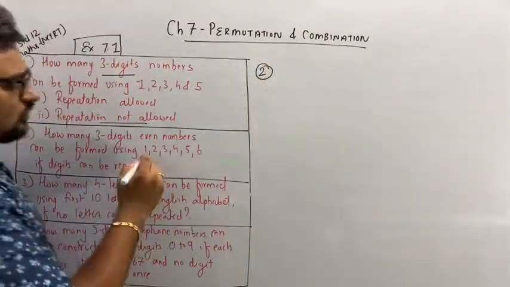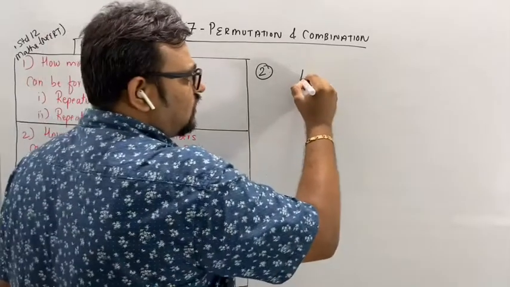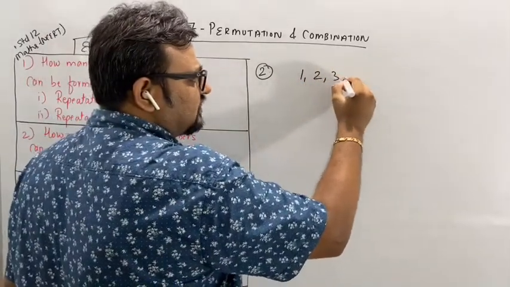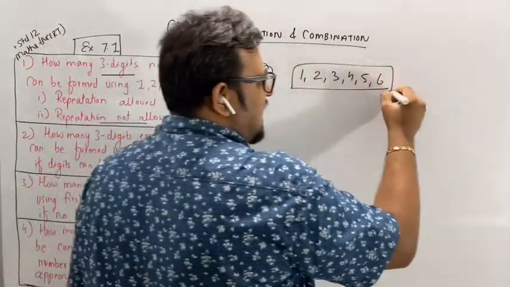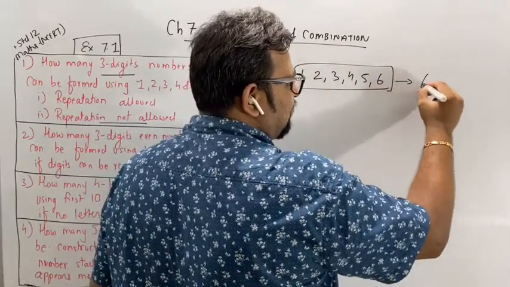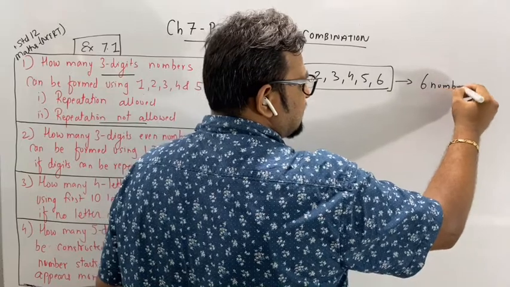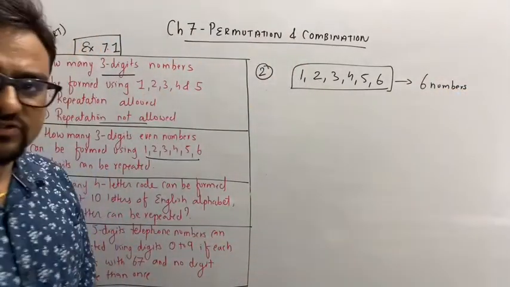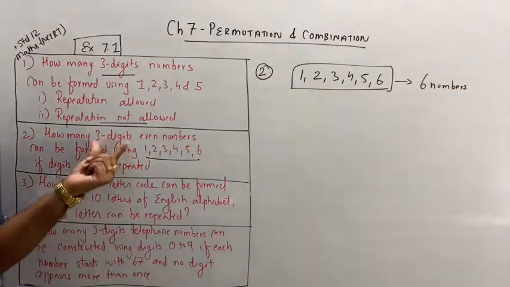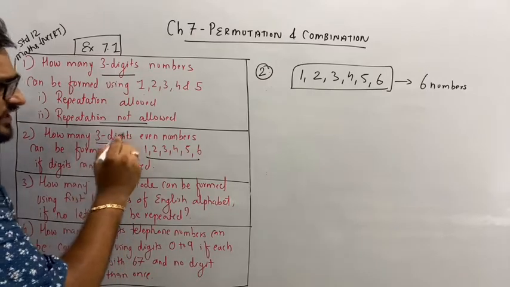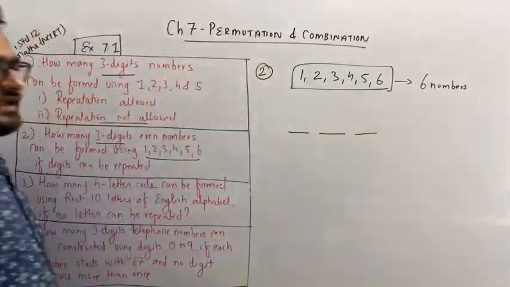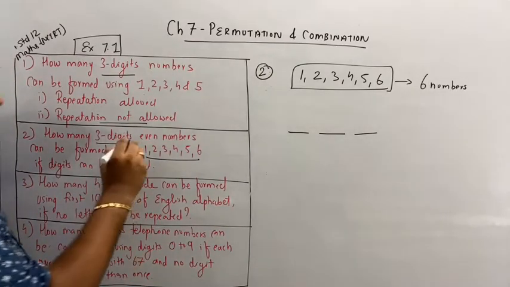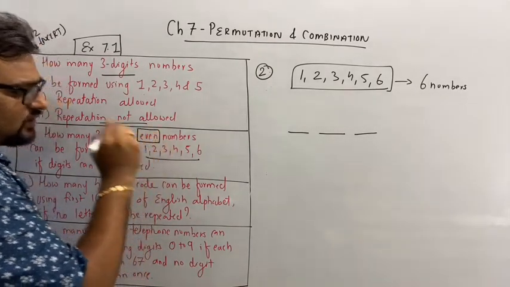So first, what options do I have? 1, 2, 3, 4, 5, and 6. I have a total of 6 numbers. How many digits? 3 digits. So 1, 2, and 3. Clear? Now the condition is even number.